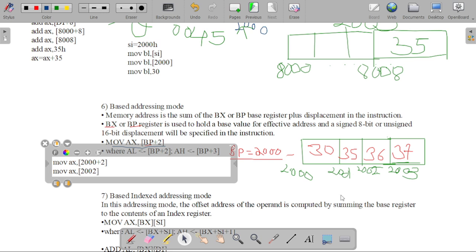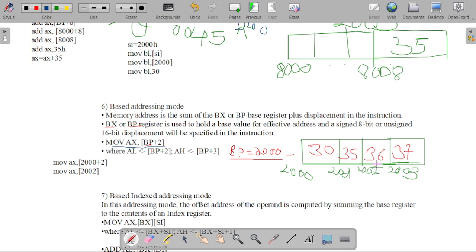Now we have to check the value at memory location 2002H. Here, in the 2002 memory location, the value stored is 36.